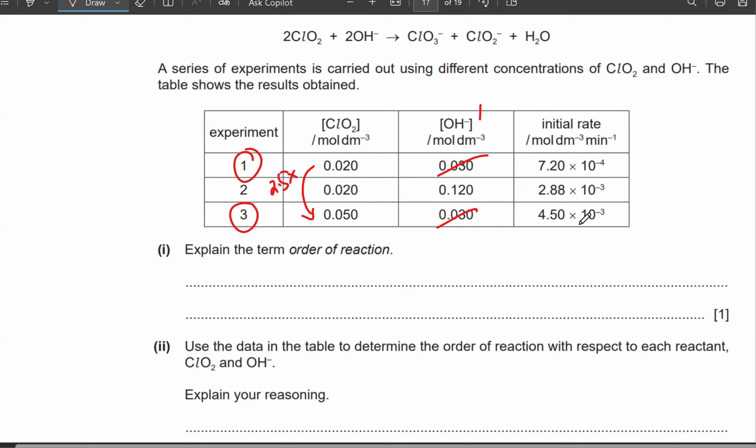So what is the factor in the rate of reaction? 4.45 divided by 7.2. What is that? 6.25. So you're getting 6.25. What kind of relationship is that?